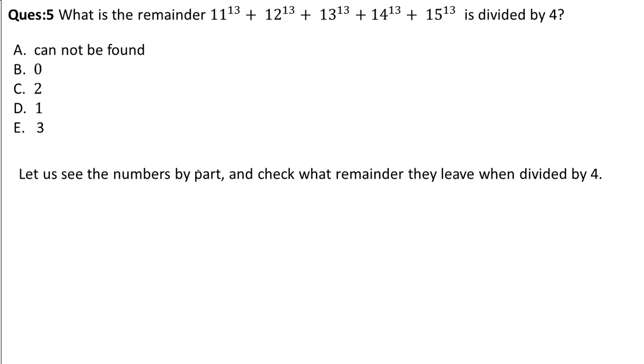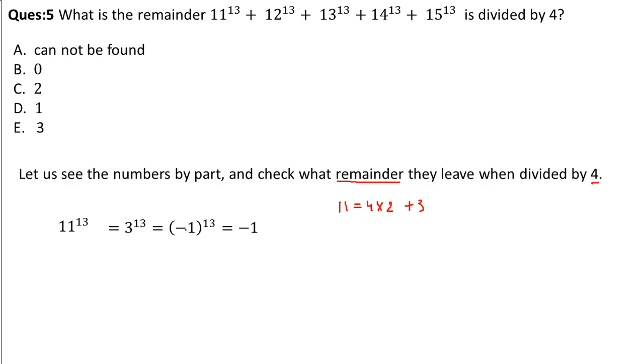Let us see the numbers one by one and check what remainder they leave when divided by 4. So 11 to the power 13 leaves the remainder 3 to the power 13. Why? Because 11 is equal to 4 into 2 plus 3. So 11 leaves the remainder 3.